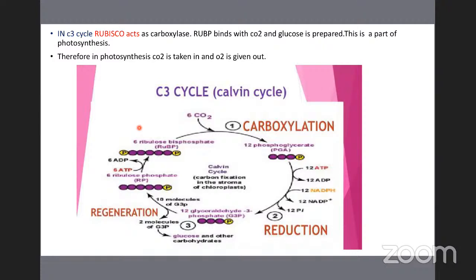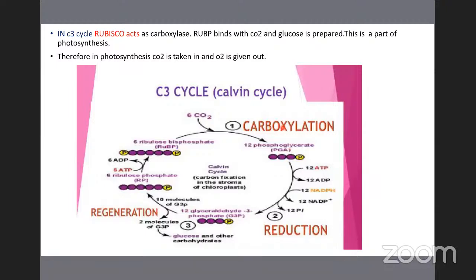Since this was already discussed, you might have a grip on this topic, but once again, observe the cycle. CO2 is accepted by ribulose bisphosphate, RUBP, and the first product is phosphoglyceric acid. This formation comes under carboxylation.